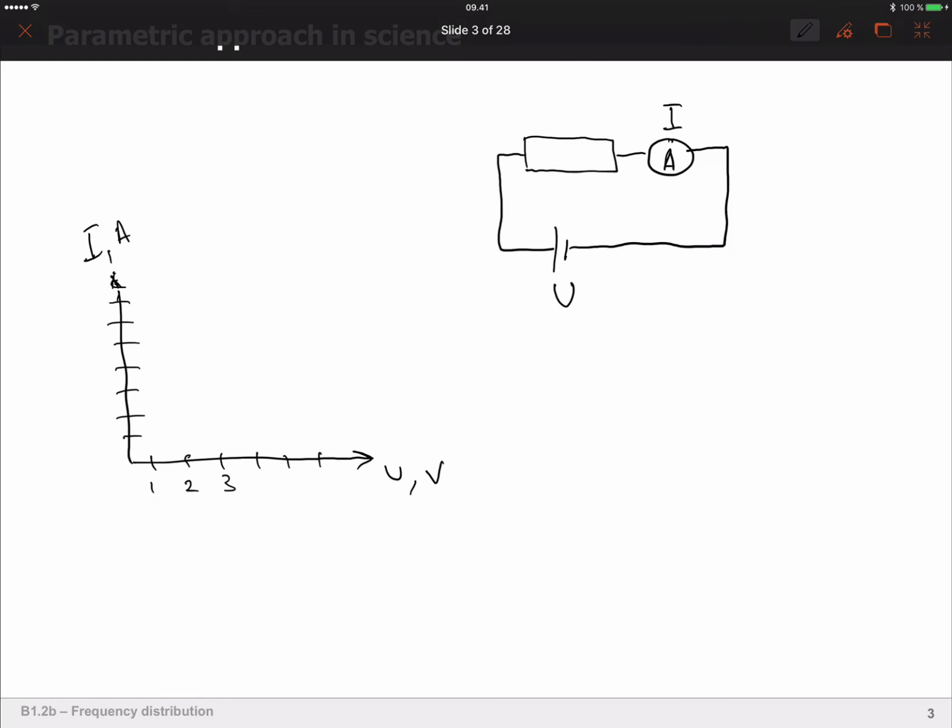If we do these measurements, for example 7 measurements, you will get some points like this. You will see a linear trend, which means that the current depends on the voltage linearly.